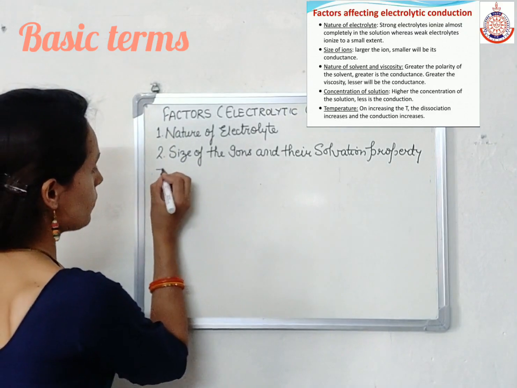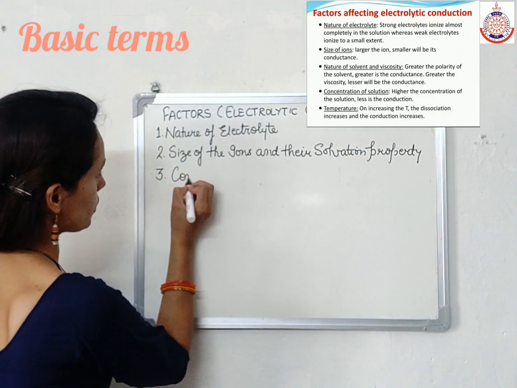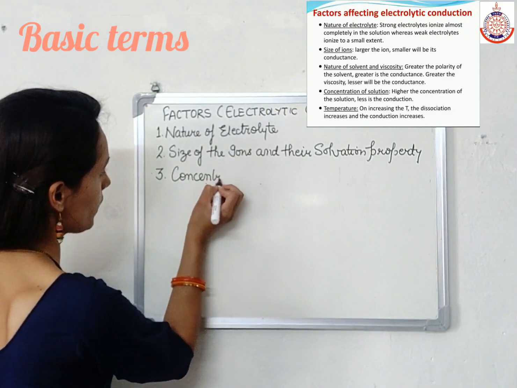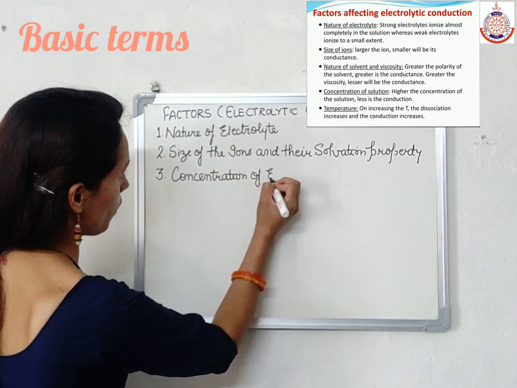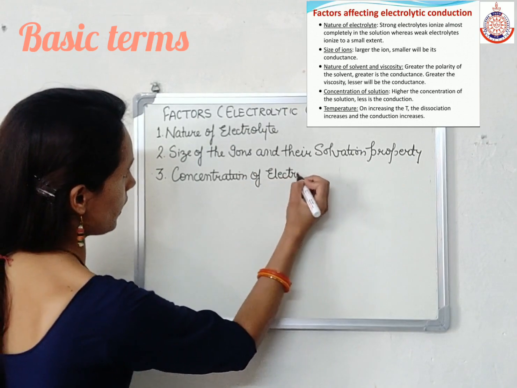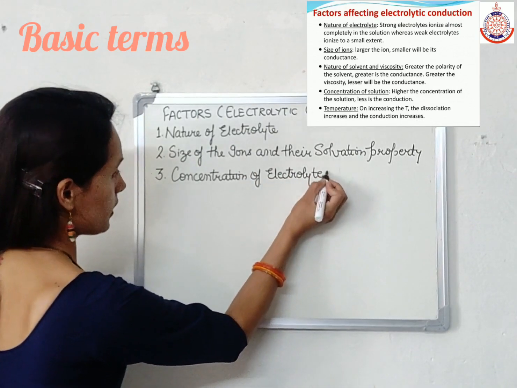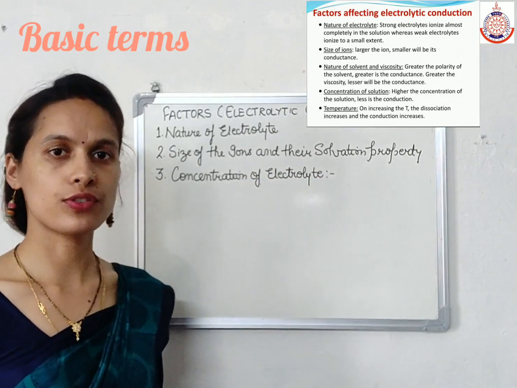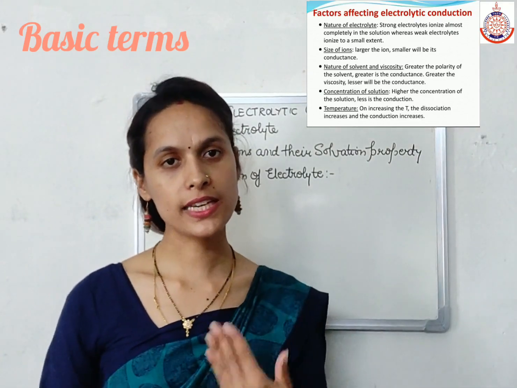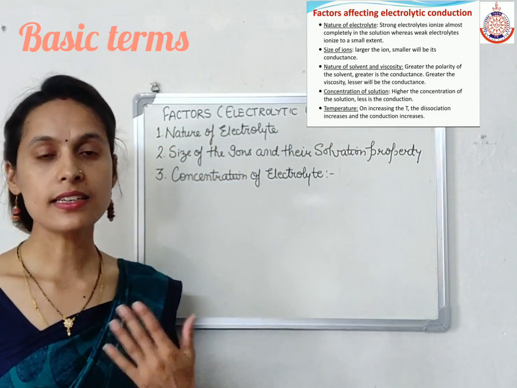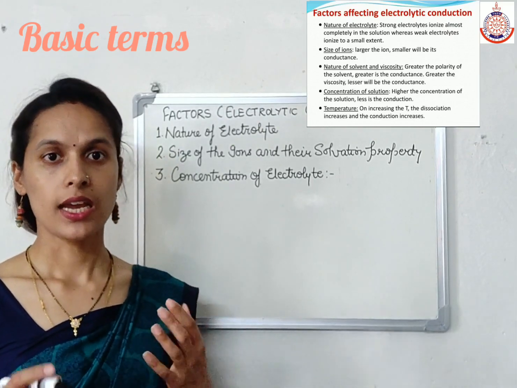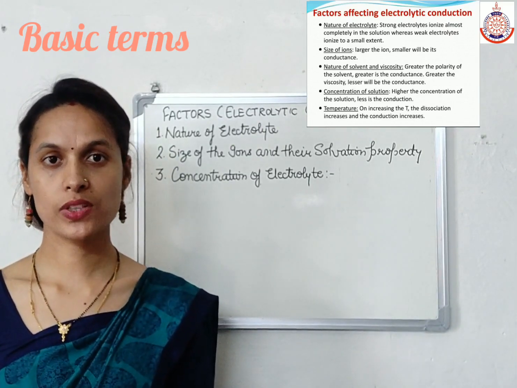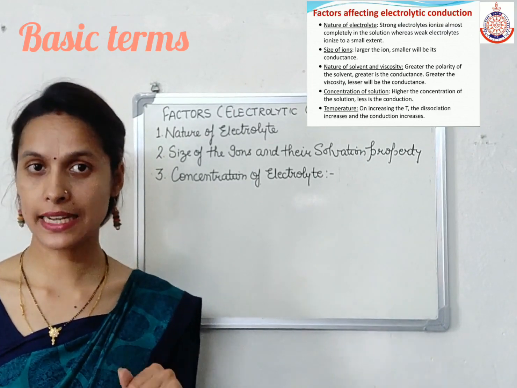Now the third one is the concentration of electrolyte. If we talk about strong electrolyte or weak electrolyte, greater the concentration, lesser is the conductivity. Greater the concentration of the ion, lesser is the conductivity.